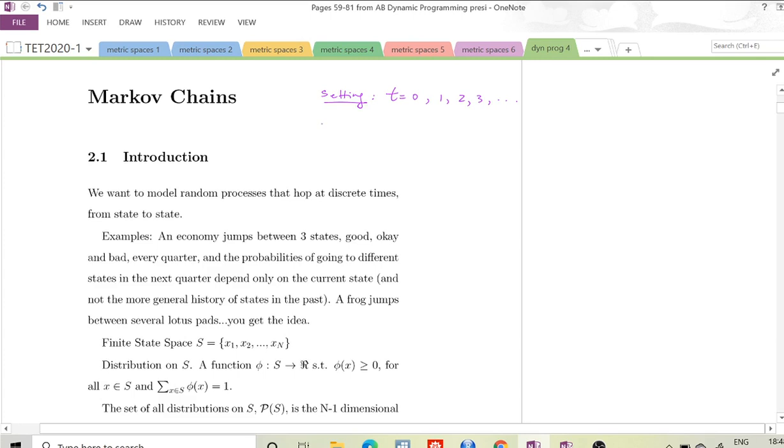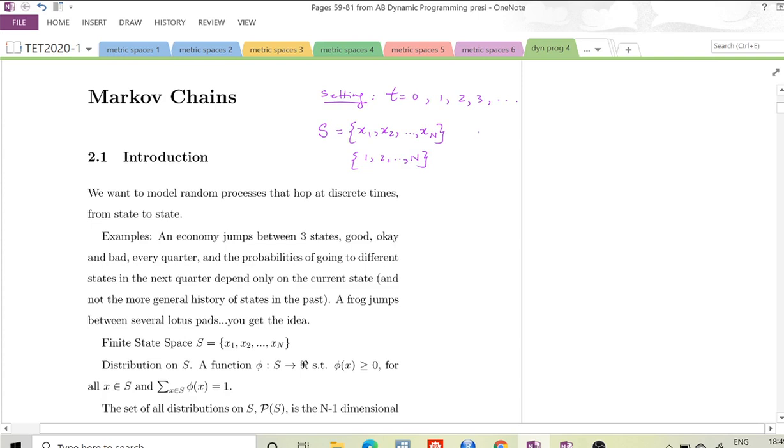So we'll say that there is a state space S, and sometimes we'll refer to the states as x1 through x capital N, or sometimes just by the integers 1 to capital N, right? So in any time period, whatever we're trying to describe is completely described by what the state is at that time, all right? So that's one of the assumptions.